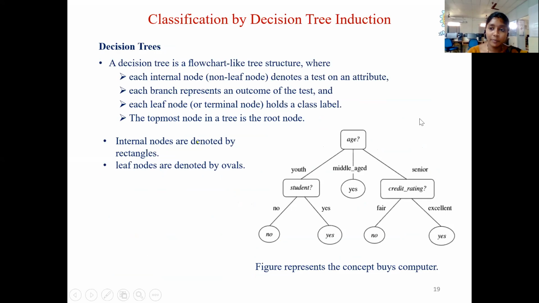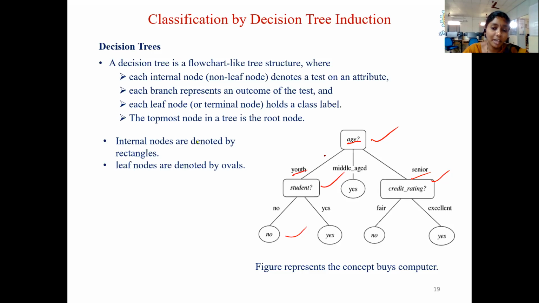So here, as shown in the figure, this is a root node, these are the internal nodes, and these are the leaf nodes. Every root node or internal node has some test, and the result of the test is indicated on the branches of the tree.